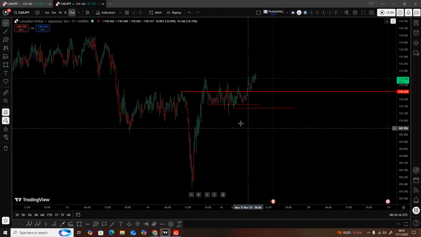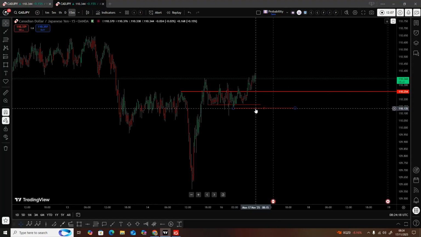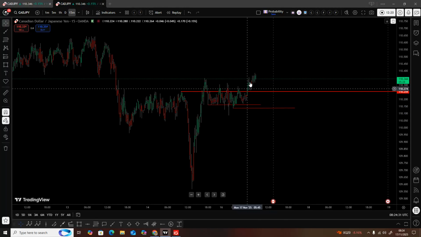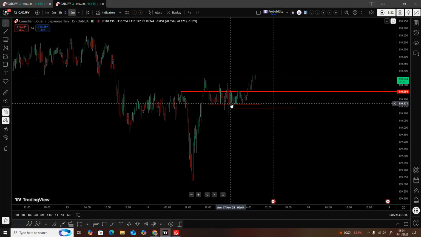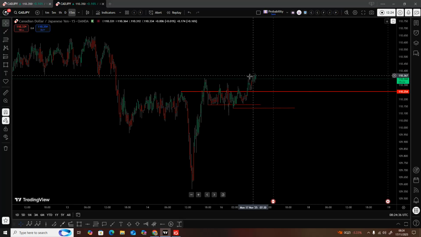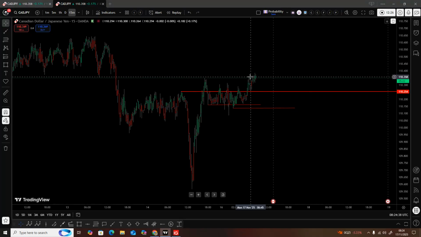So the sell on the CADJPY is 110.13. Next time it comes down here, obviously we can use the smaller internal waves that are being printed to look for a failure setup, like I showed you last week.